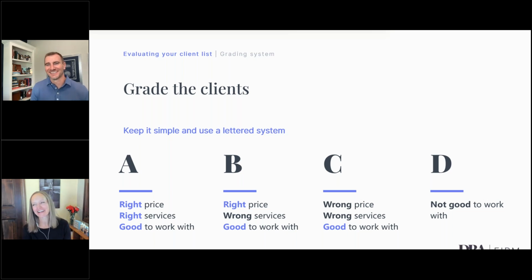No, with D, I just wanted to add that it doesn't matter what their price is or what service they're offering. If they made it onto that list, then that's it. So I will say this: once you've graded those clients and maybe you looked at it by revenue by family, if your largest client is a D client, oh man, we need to do some work. We can time out when they leave.